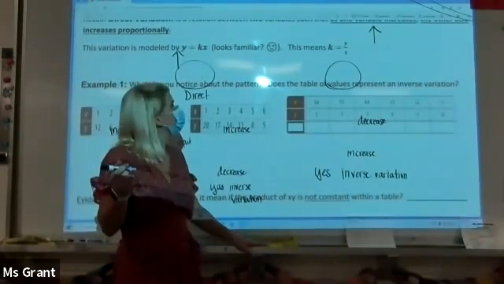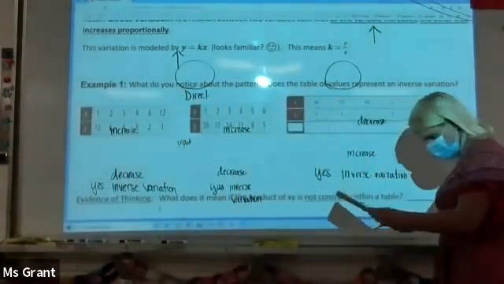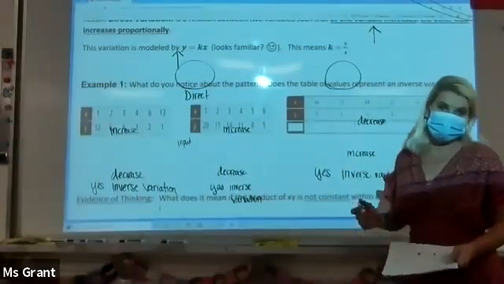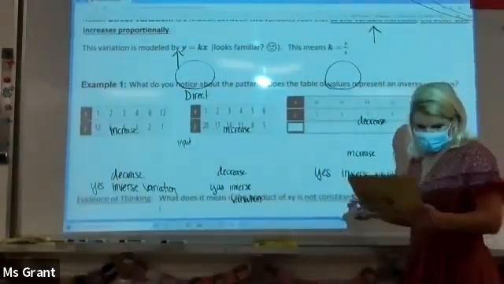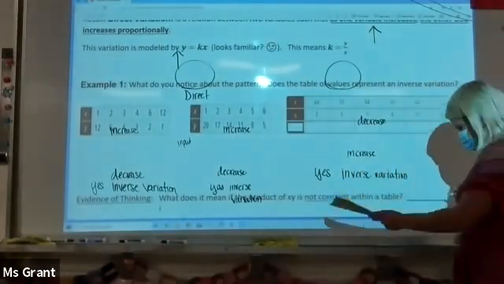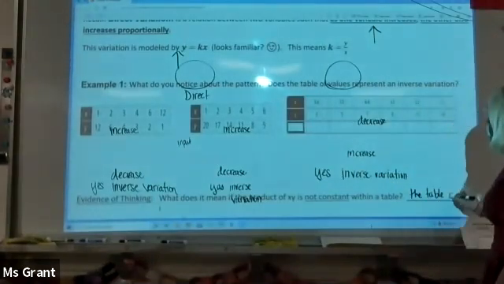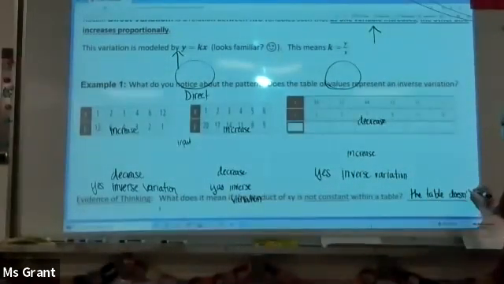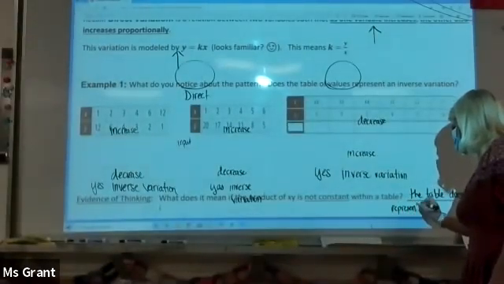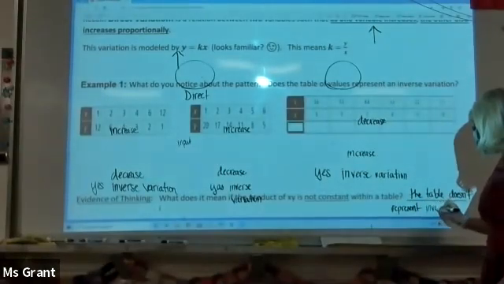I can also say K, the constant, is X times Y. If they're not constant, then the table doesn't represent inverse variation.